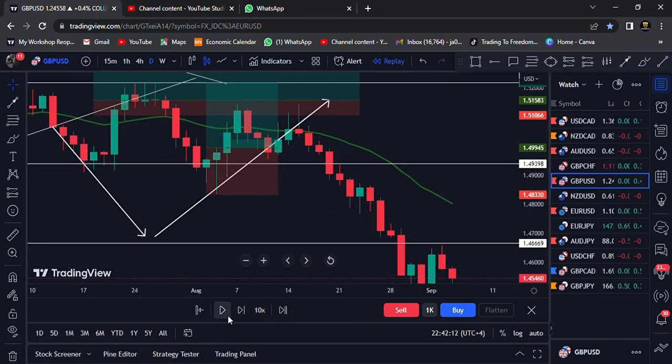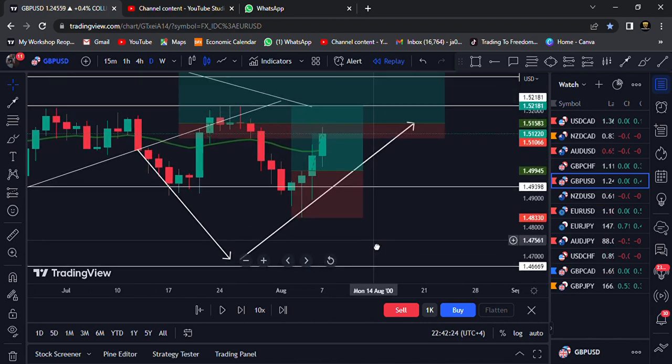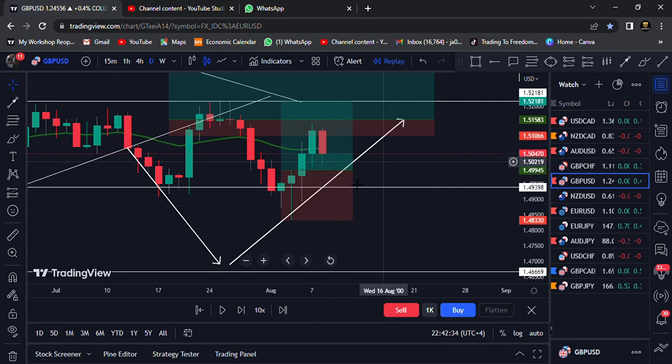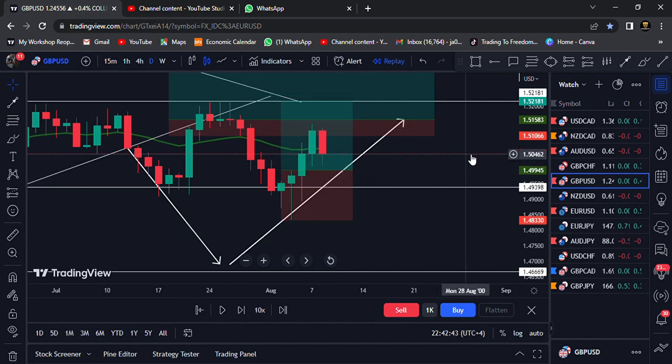Unfortunately, I pressed play when I wanted us to go step by step, but already this is what I wanted to explain, that we entered with just 20%. If with the 20% you see price actually tried to reach here but didn't continue, and you see such a candle, guys, you just need to get out.